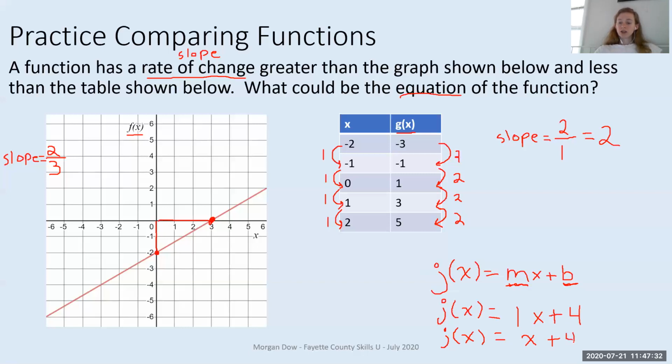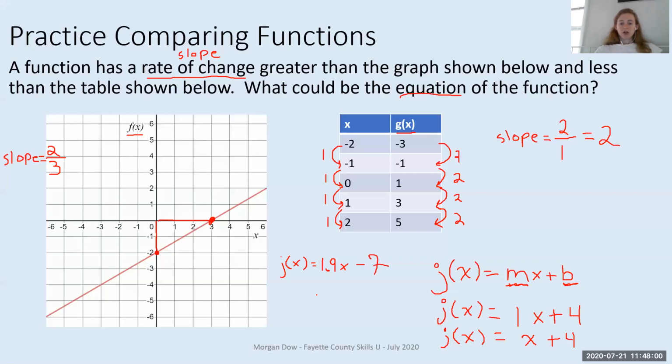Remember, if you were doing this yourself, your equation could look different from mine. You could have j of x equals 1.9x minus 7.